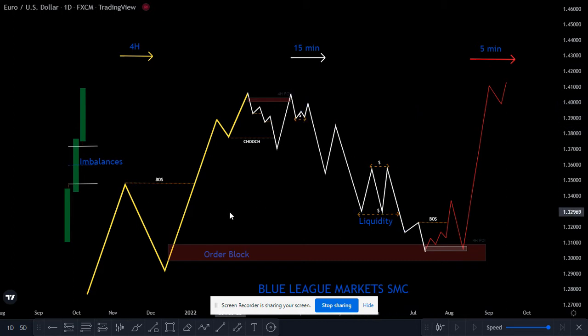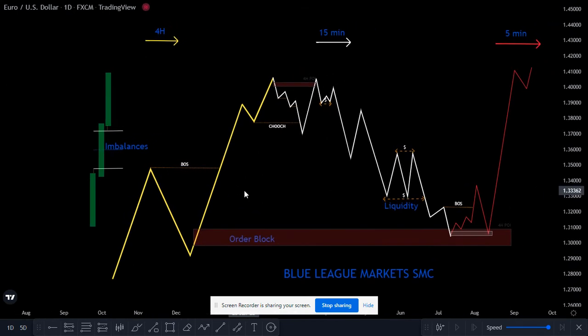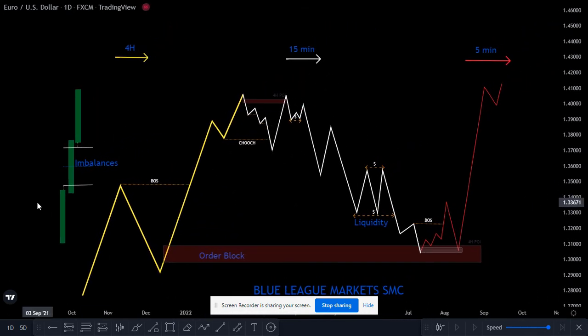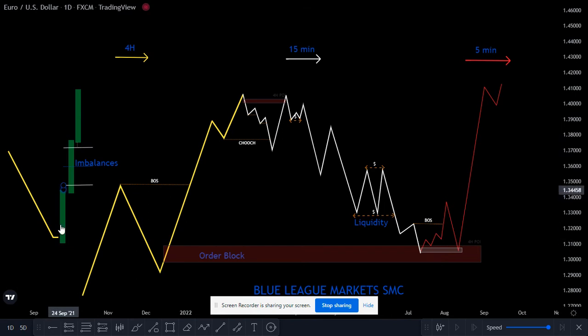But before I explain a lot of things, I just want you to understand what imbalances is. So imbalances happen when, let's say the market was moving in this direction, then it decided to push to the upside. So if the market prints out a candle like this, which is an engulfing, retail traders call it an engulfing candle, then prints out another candle like this, then a third candle like this.